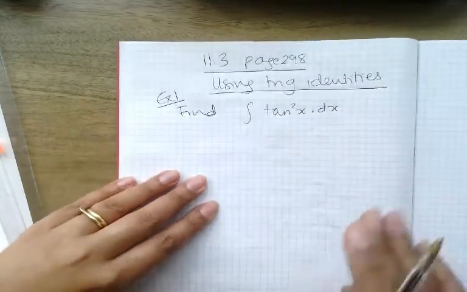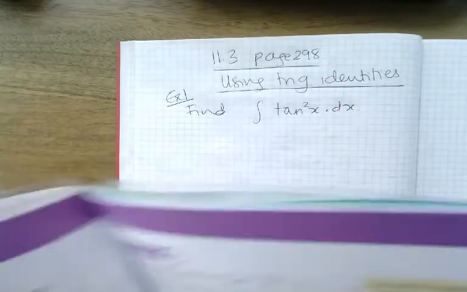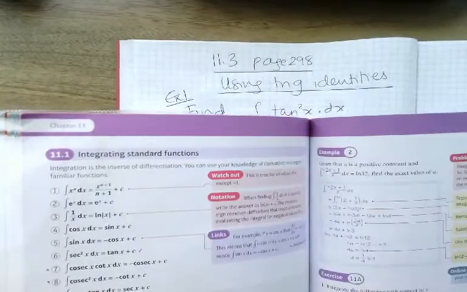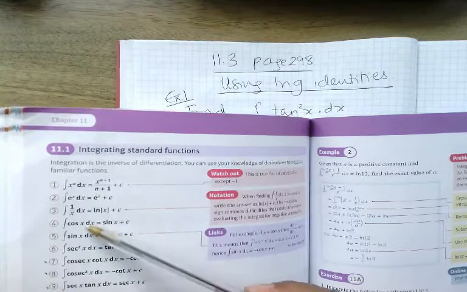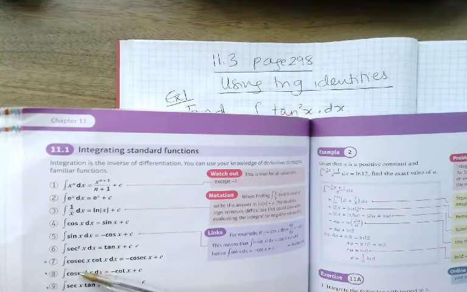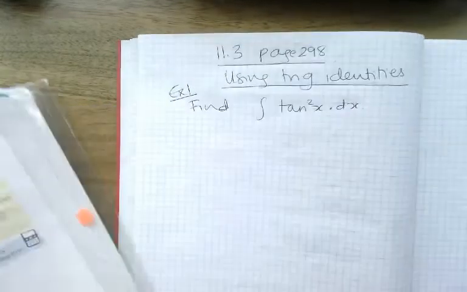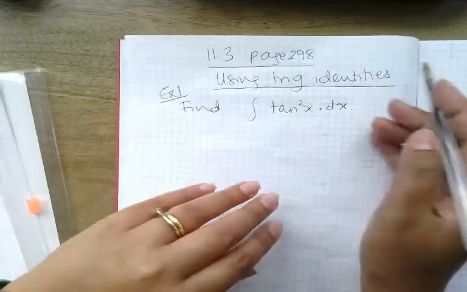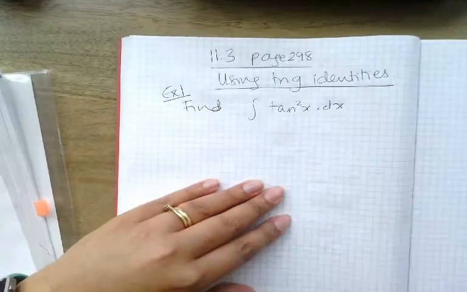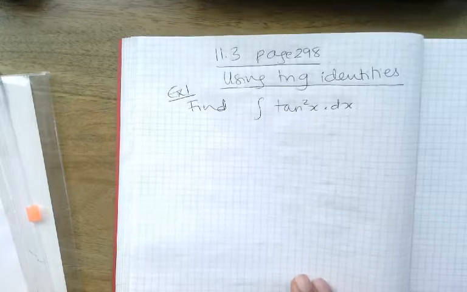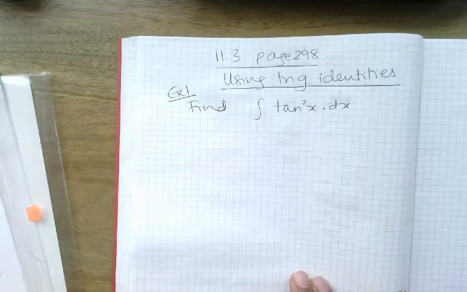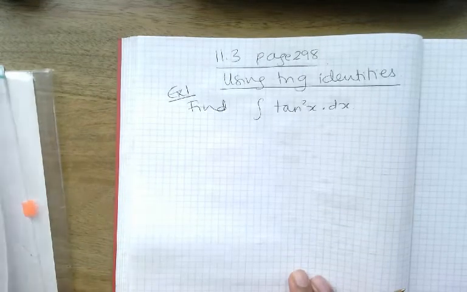Now if I go back to my list, I can't see tan squared. So I don't know the integral for tan squared. So what do I know? What identity do I know that is going to help me here?